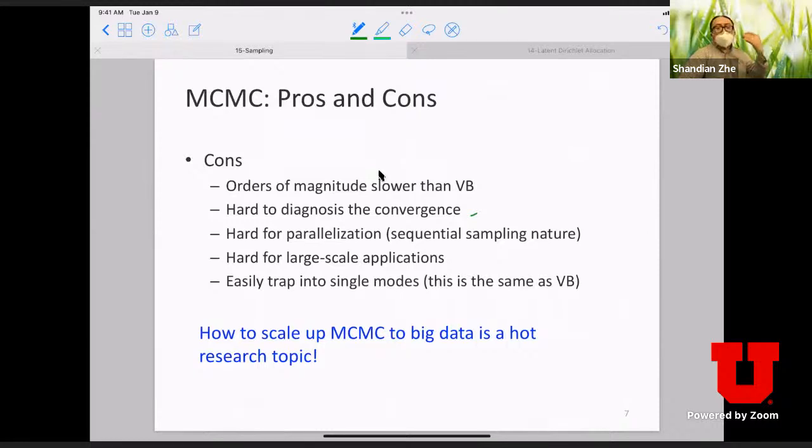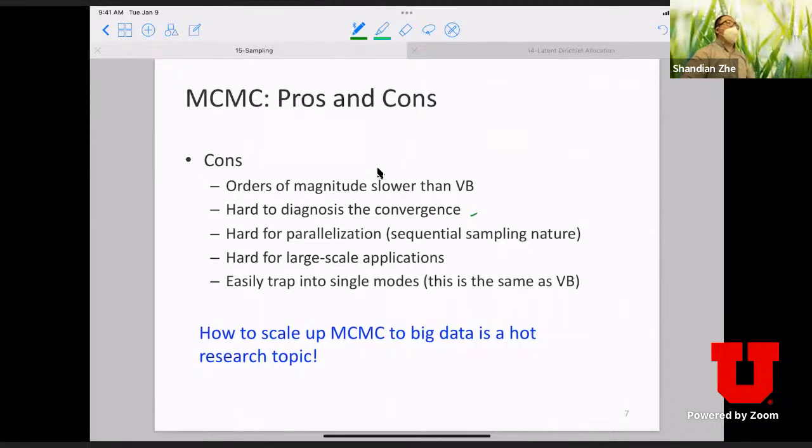That's the major issue of MCMC. In many cases, we need to estimate how fast it's going to converge, but it's hard. And you cannot guarantee at the current stage if your chain has already arrived at the true posterior or not.